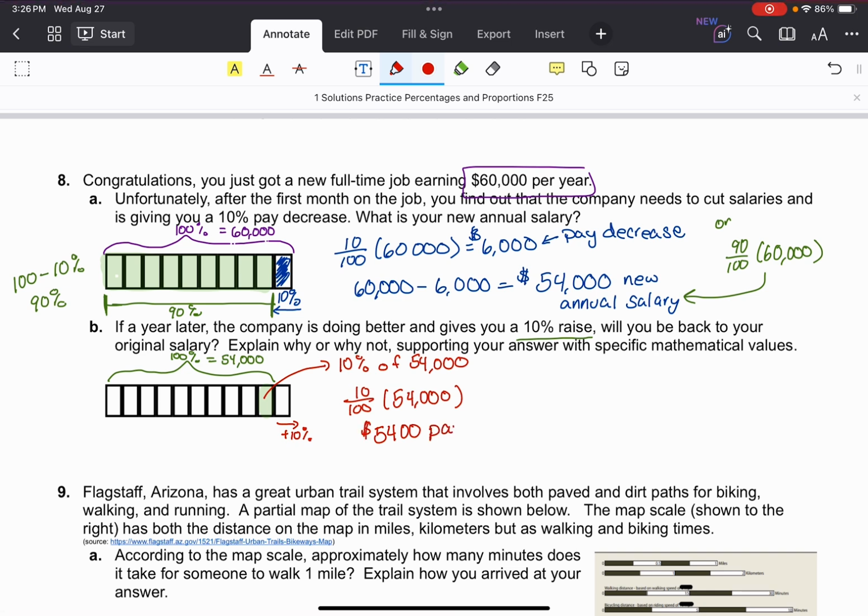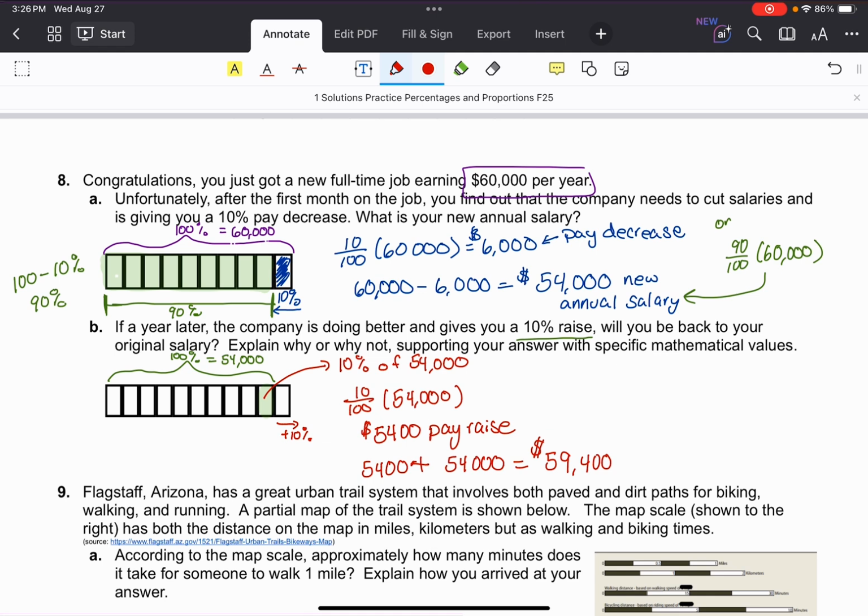So that's my pay raise. Notice that my pay raise is not the same thing as my pay decrease. I'm gaining $600 less than I lost, so I'm not getting back to the same amount. In fact, I can then add that 5,400 to my 54,000, and I find that my new salary is $59,400.